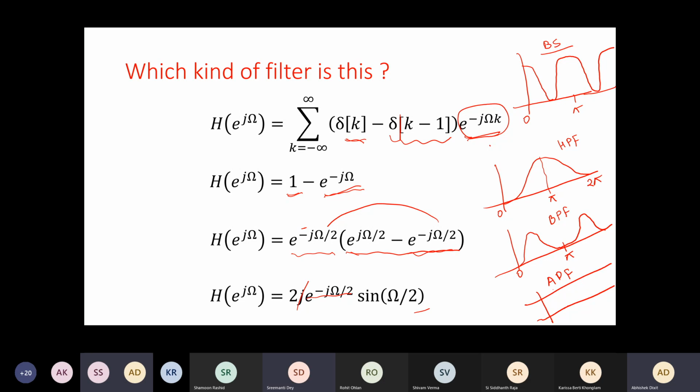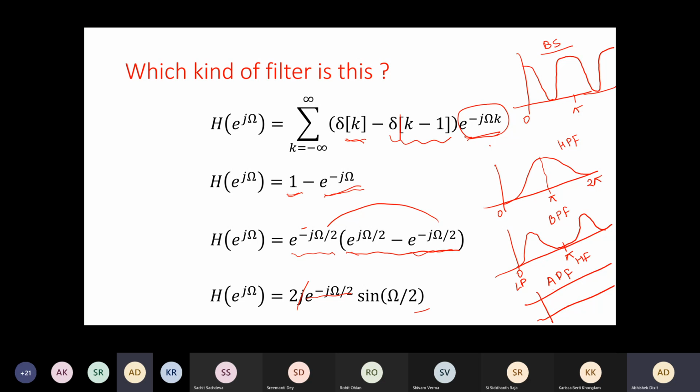Sir, in the band pass case, there is a range of frequency that we are not passing in between. So isn't it like band stop in that sense? No, the difference between band stop and band pass is that a band pass filter will not pass the lowest frequency and the highest frequency. The lowest frequency is 0 and the highest frequency is pi.